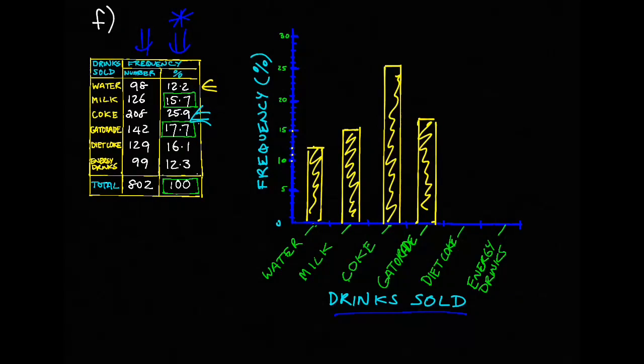Moving on to Diet Coke, so 16.1, 15, 16, so it's just above 16. Go ahead and draw that column in. And finally, energy drinks is 12.3. So 10, 11, 12, 12.3, about there. So that's the column chart finalised.